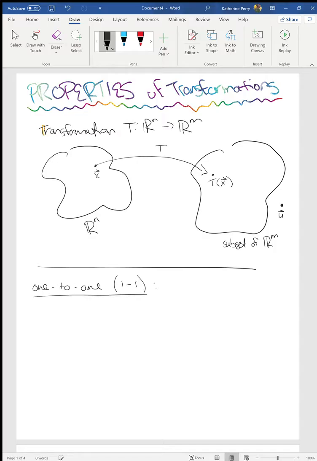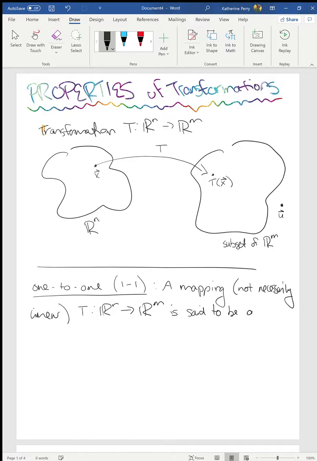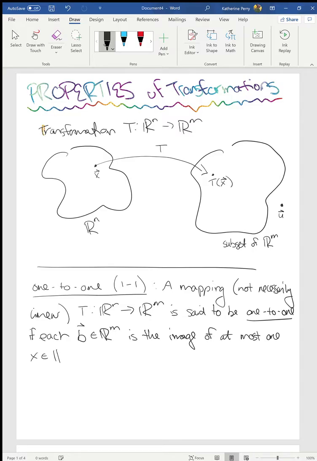I'm going to say that a mapping or a transformation, same thing, not necessarily linear, just any transformation T from Rn to Rm is said to be one-to-one if each vector b in Rm is the image of at most one x in Rn.